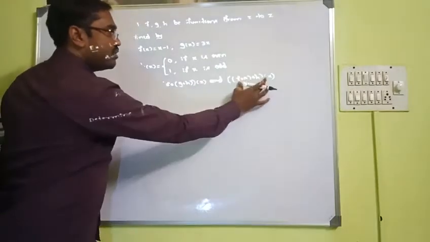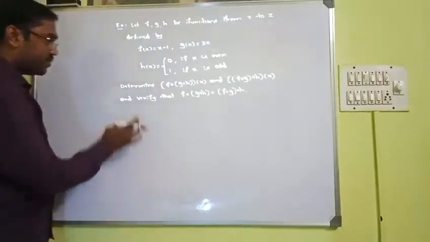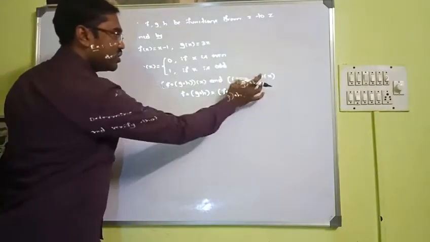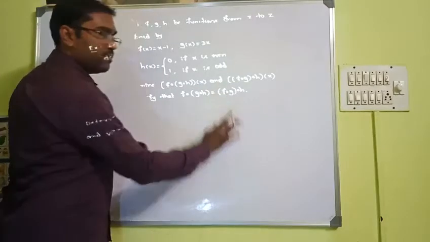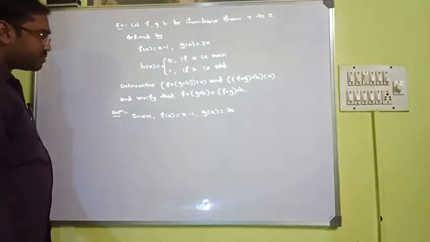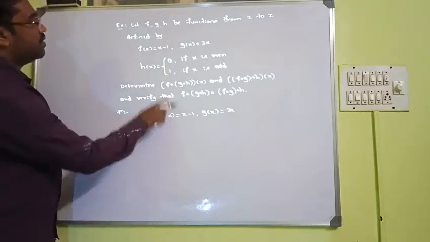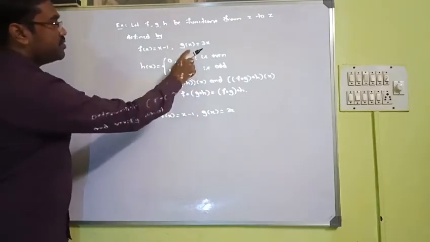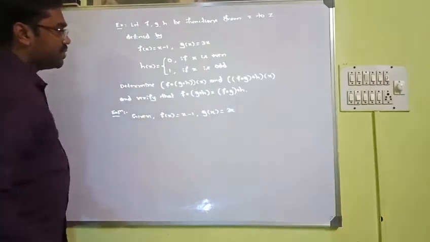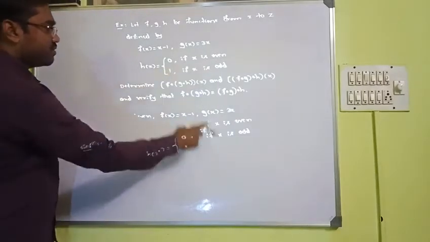After finding these two values, we need to verify that these two functions remain the same. Given f of x is x minus 1, g of x is 3x and h of x is this.